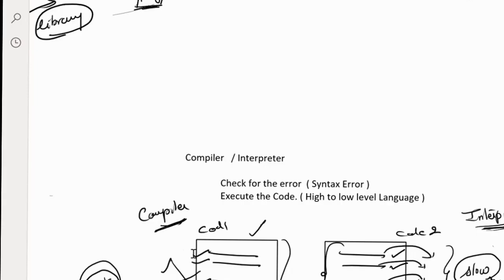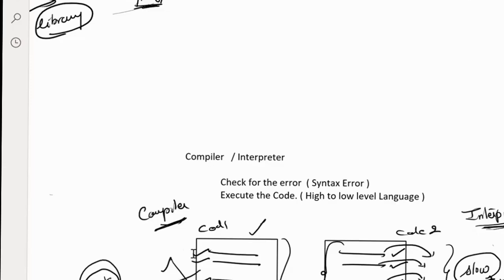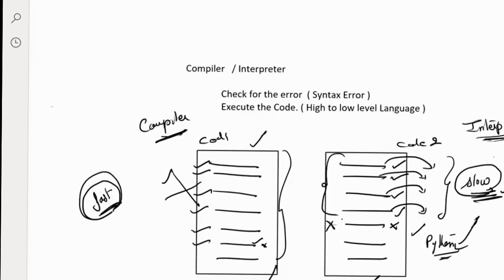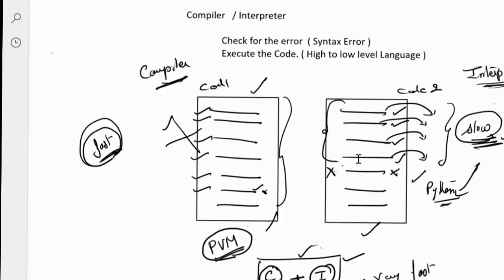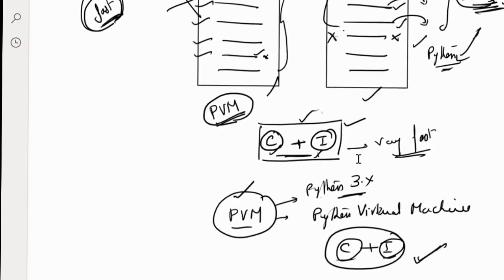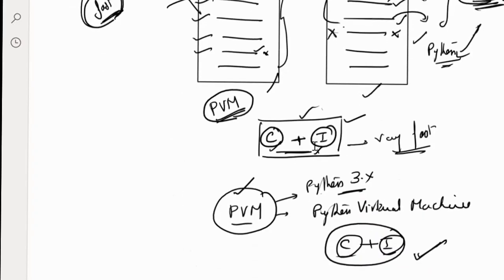But Python first checks the first line for errors and executes it. Second line, it executes it. Third line, it executes it. Like this, it will do it. Because of this, it is slow compared to a compiler. So this is a drawback of Python. So they designed the PVM. The PVM is a combination of compiler and interpreter.